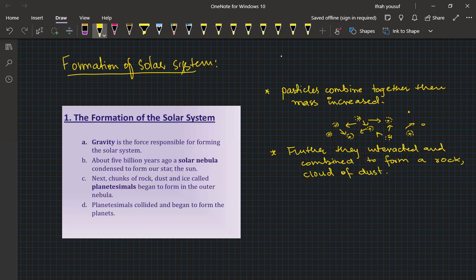In that cloud of dust or rocks, there were not only particles involved, there were some gases as well. We would say that mainly hydrogen and helium, most of the gases were hydrogen and helium, right?